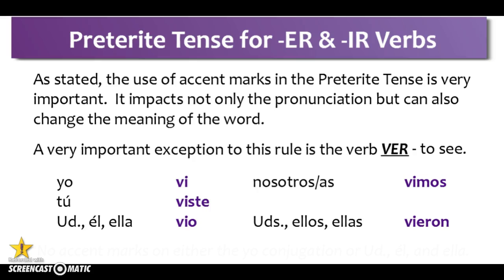The root or the stem of the word ver, as it is a regular ER verb, when you take off that ER ending, is simply the letter V. You put on all the normal endings that you would for the preterite tense, just without the accent marks. Yo vi, tú viste, usted, él, and ella vio, nosotros y nosotras vimos, and ustedes, ellos, and ellas vieron.